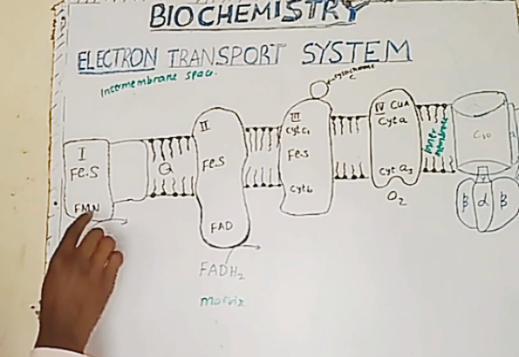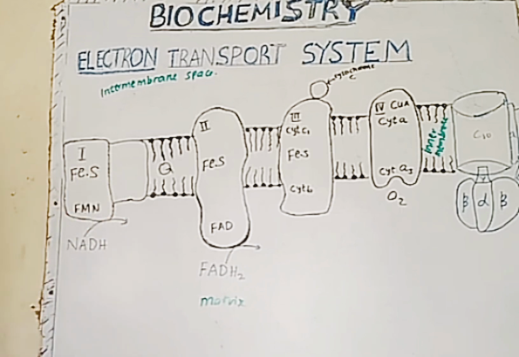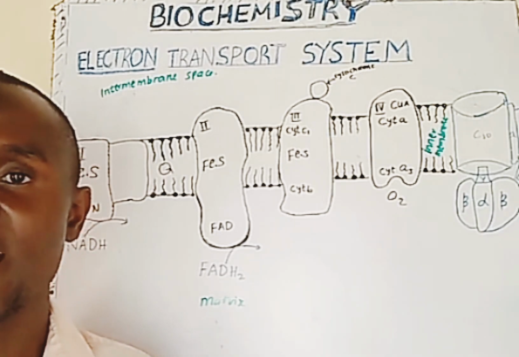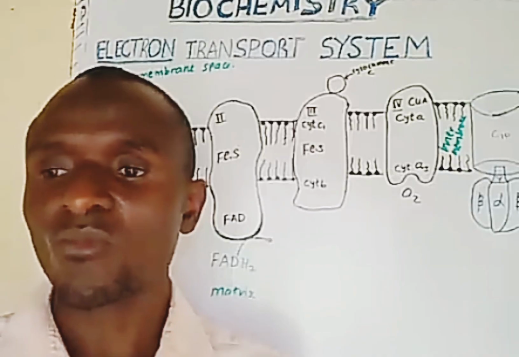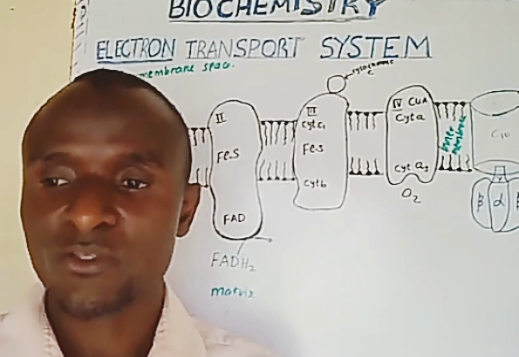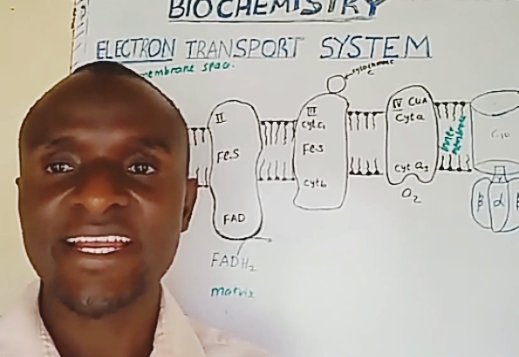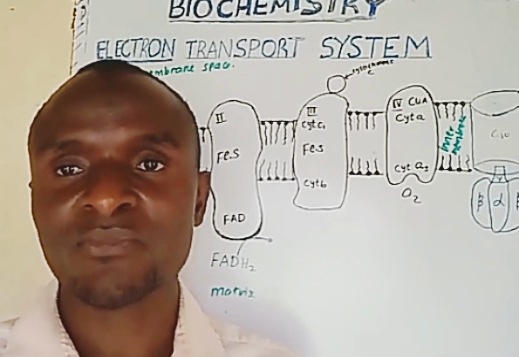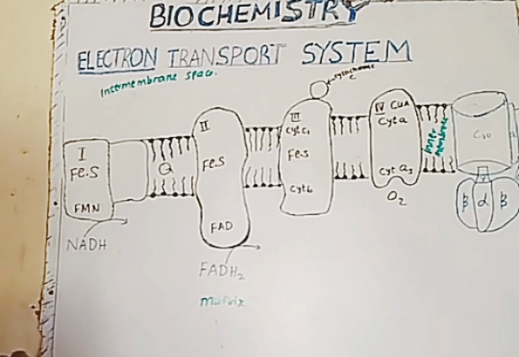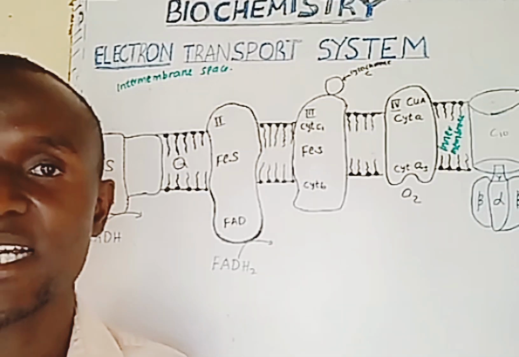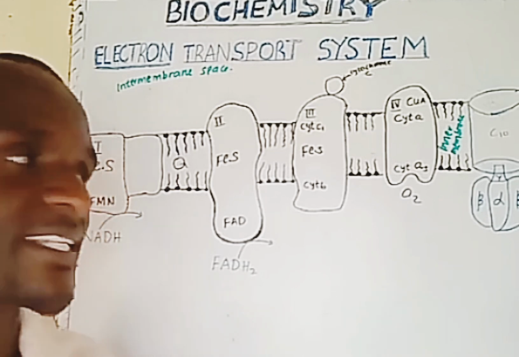Complex 1 has FMN and iron sulfur center. FMN means flavin mononucleotide. Complex 1 only accepts electrons from NADH through FMN. Due to this, complex 1 is also known as NADH dehydrogenase. But it also has iron sulfur center, and we've discussed that iron sulfur center transfers electrons through what we call direct transfer. Let us look at coenzyme Q.